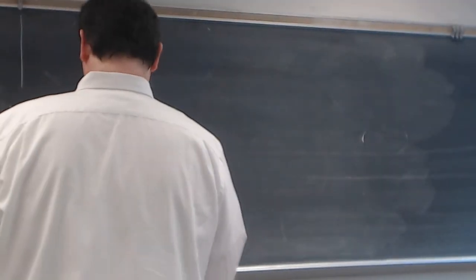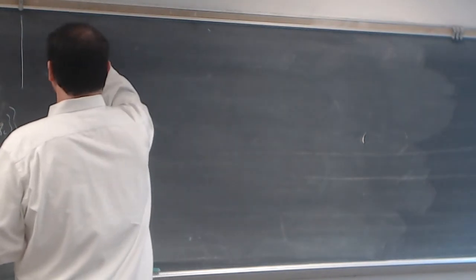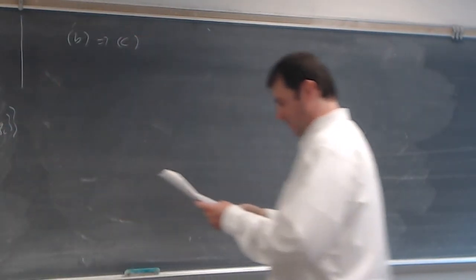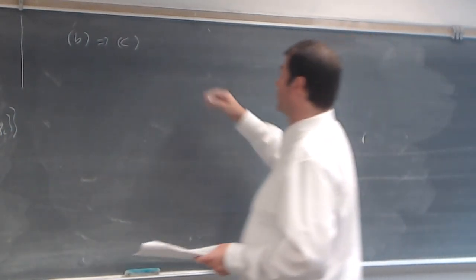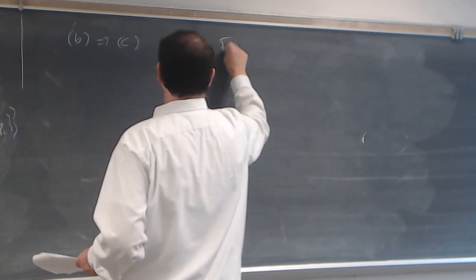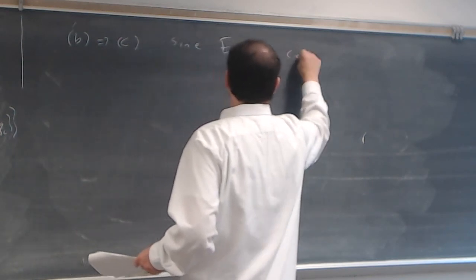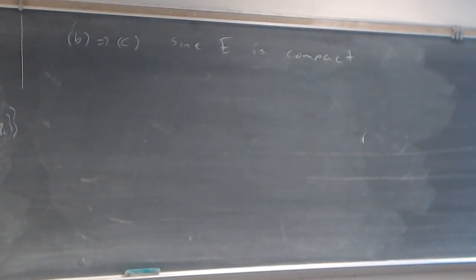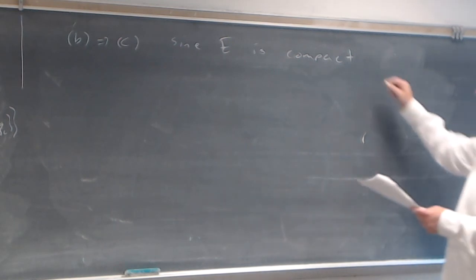Now we want to show B implies C. Okay. So what are we trying to do? We're assuming that E is compact. What we want to show is that every infinite subset of E has a limit point in E. But that's something we've already shown.